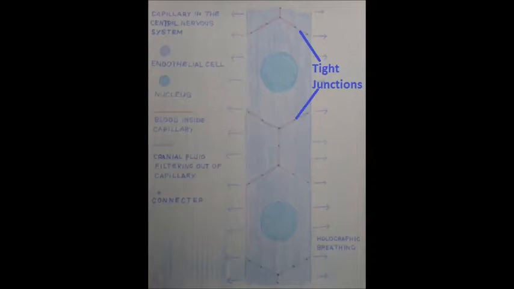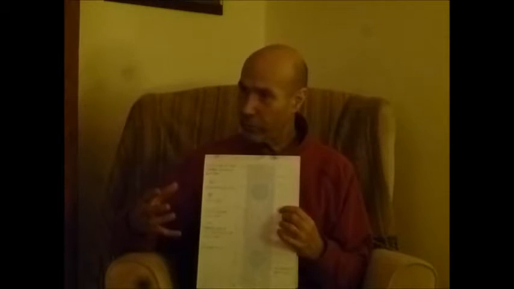Now these have tight connections. They're so close that only 100% pure water can get through. No proteins, no oxygen, no glucose, no nothing other than water. So what is coming out through the junctions is water.